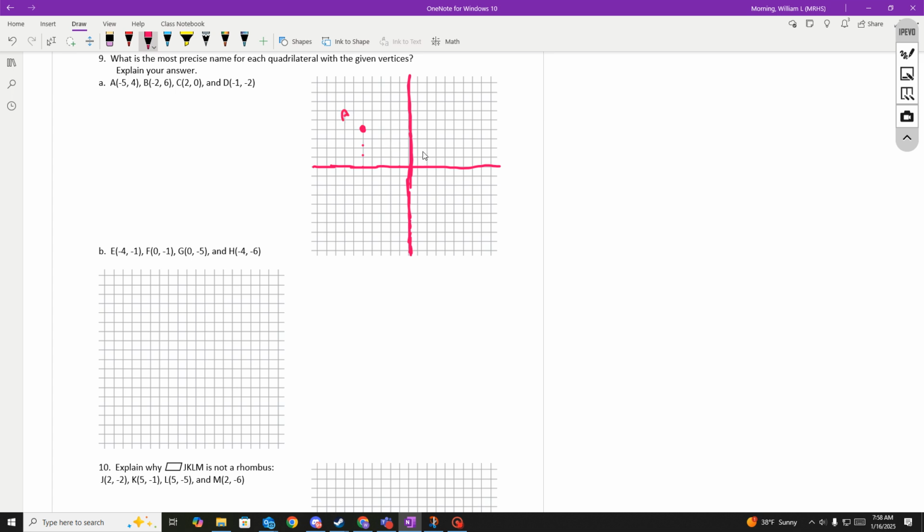Negative 2, 6. C, 2, 0. And then D, negative 1, negative 2. Okay, so this is our shape.